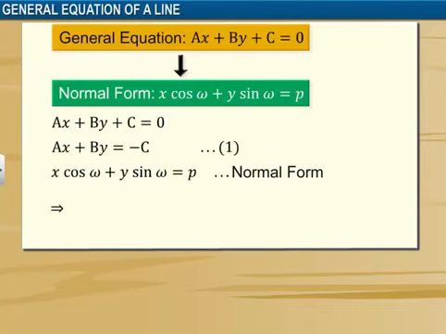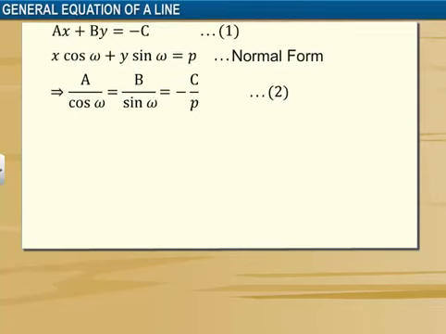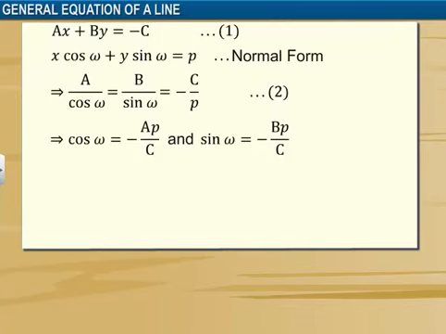Equating the like terms in equation 1 and the normal form of the equation of a line, we get equation 2. From equation 2, we get cos omega is equal to minus ap upon c, and sin omega is equal to minus bp upon c. Let's denote these two equations as equation 3.